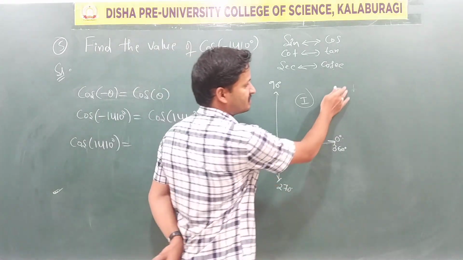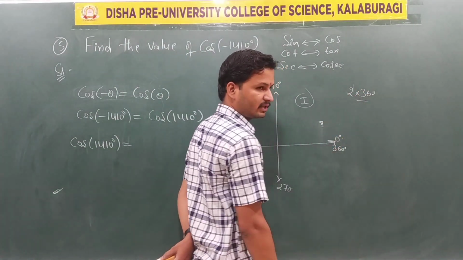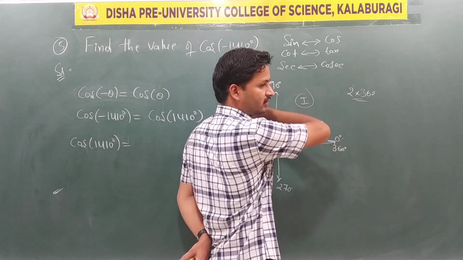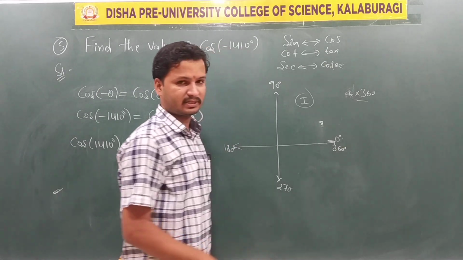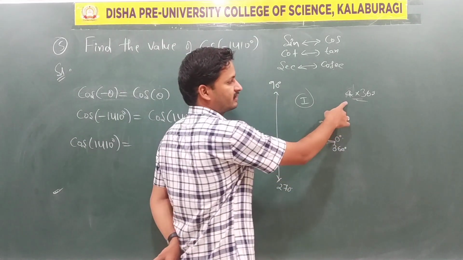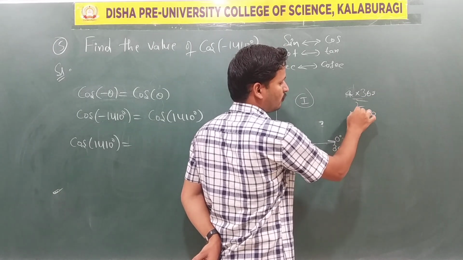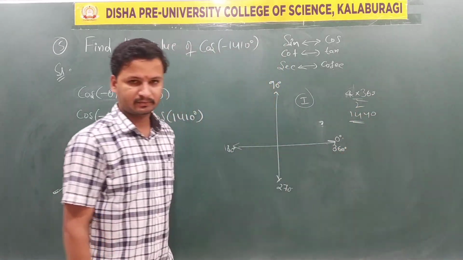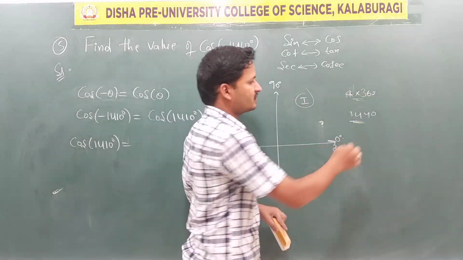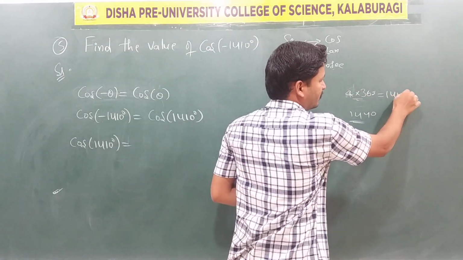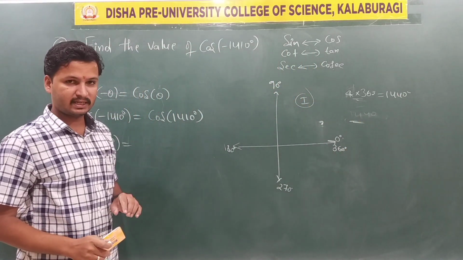Correct? 2 into 360 is 720. Again, here 1410 degree is there, definitely 4 times of 360. See, 4 times of 360, 4 sixes are 24, so 1440. So 4 times of 360 is 1440. But here 1410 is there.